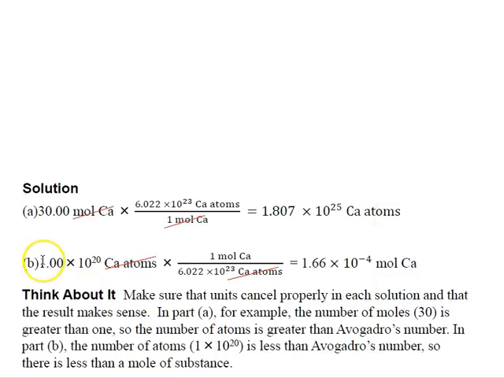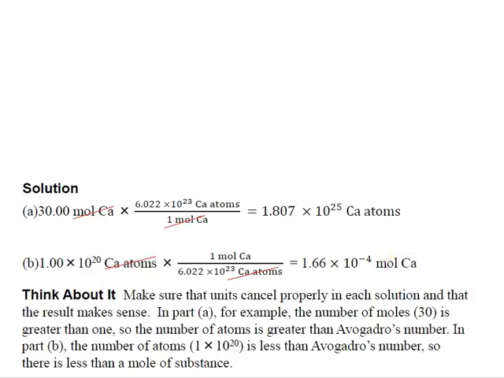For part B, 1 times 10 to the 20 calcium atoms, we're starting with atoms, and so this time you have atoms, which is Avogadro's number in the denominator, moles on top, atoms cancel, and we're left with 1.66 times 10 to the negative 4 moles of calcium.